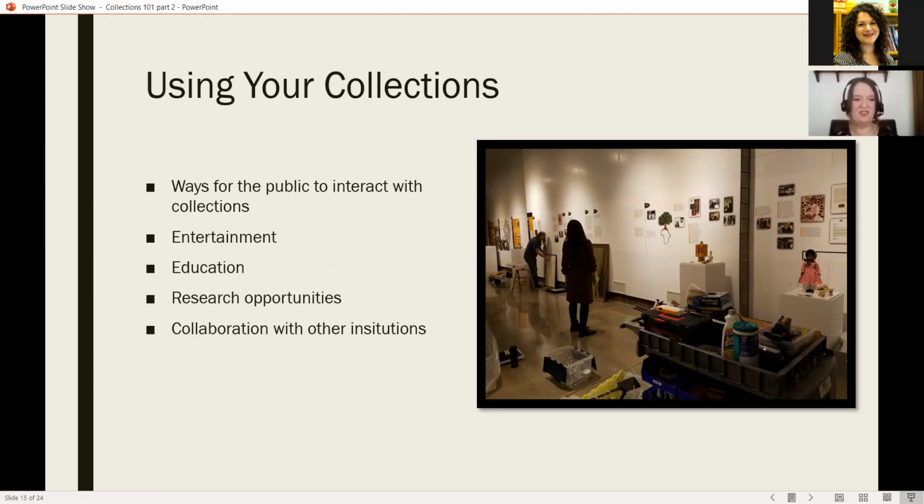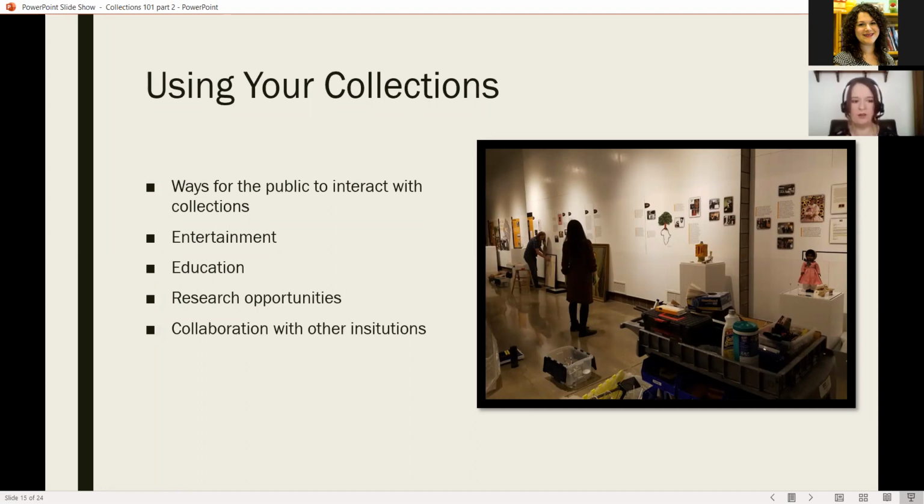It's a scary thing. So as I was saying before, using your collections can refer to a variety of different objectives, and generally it means how you are going to get the public to interact with the collections and with the history or the science or whatever it is you're presenting, because collections can be used for a variety of purposes, including entertainment, education, even research opportunities.